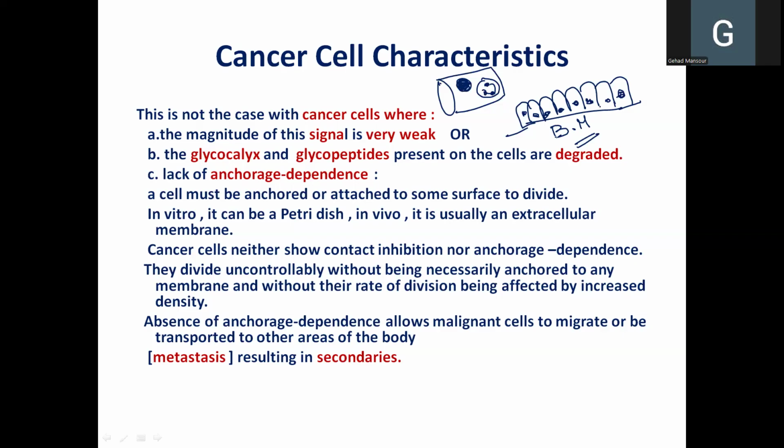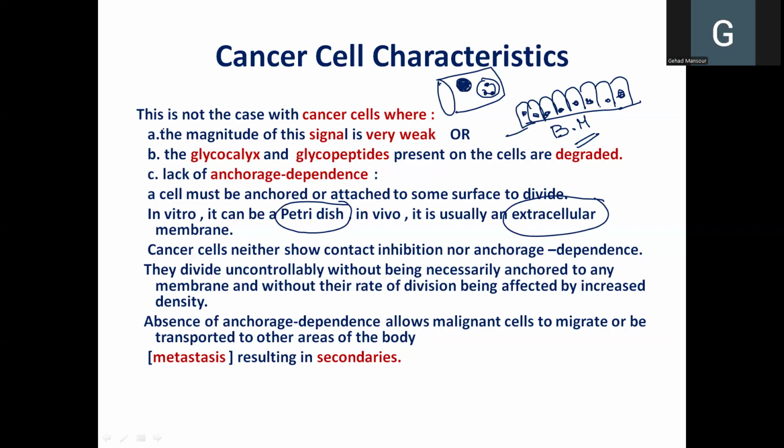For example, in vitro, on a Petri dish, this is a solid ground the cells can divide on. So we can do cultures in vitro on a Petri dish. In vivo, this is usually the basement membrane or an extracellular membrane.